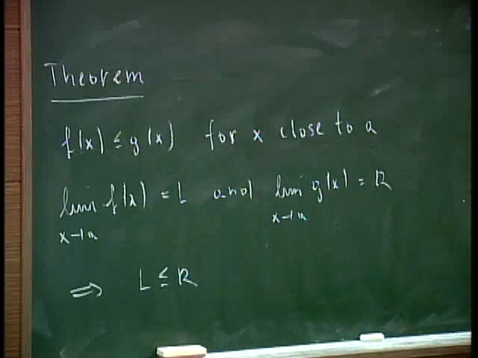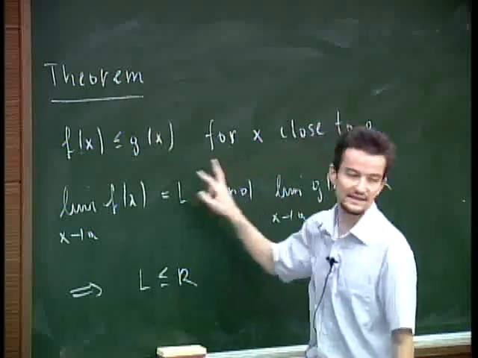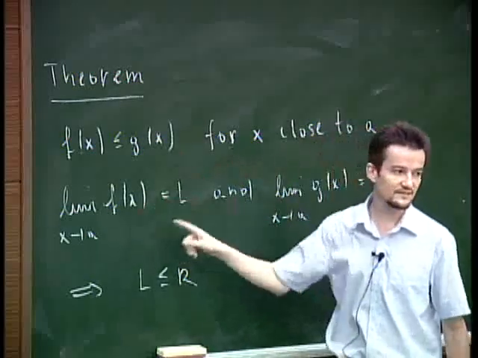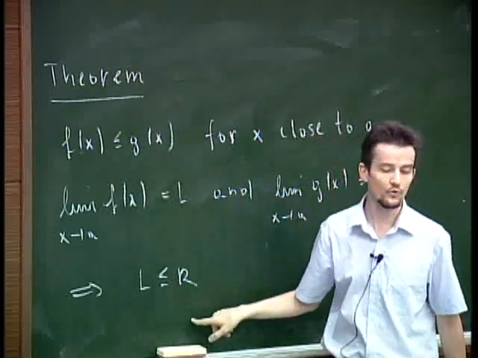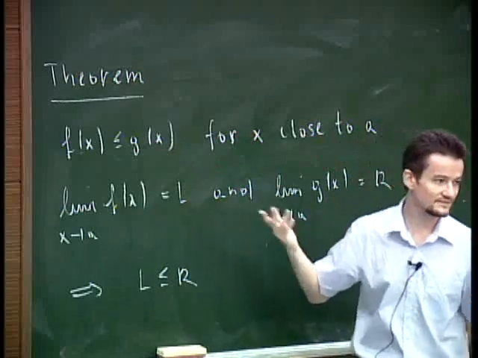So if you have such a relation for all x close to a, and the limits do exist, this relation will also hold for the limits.